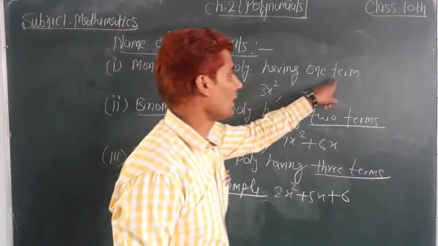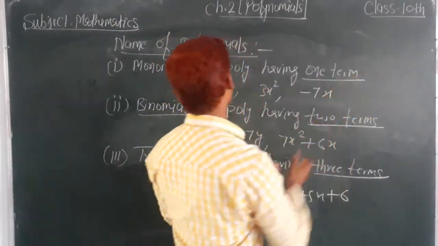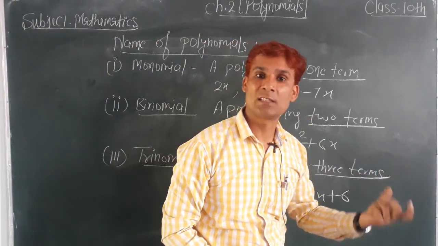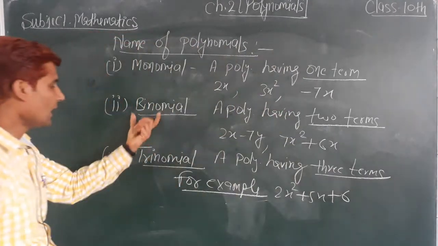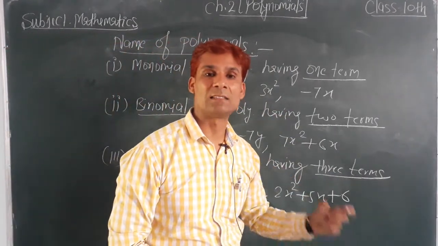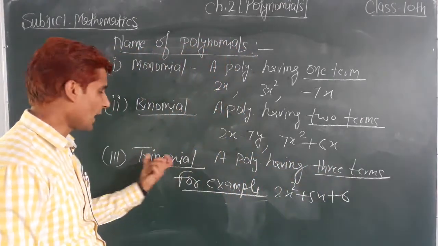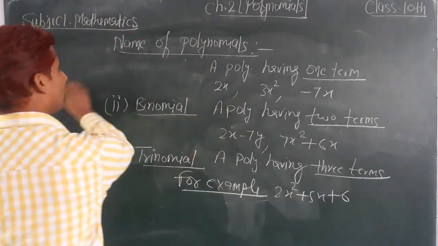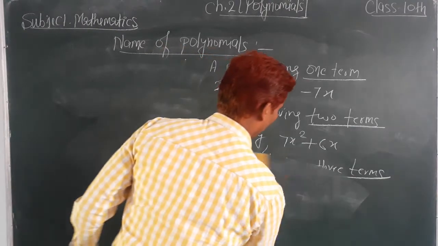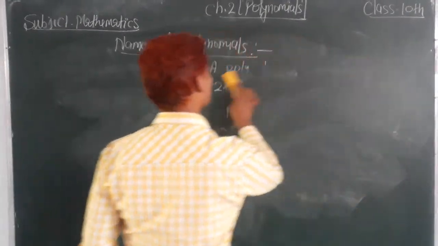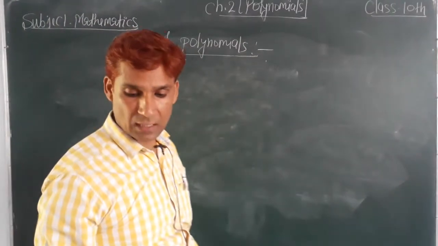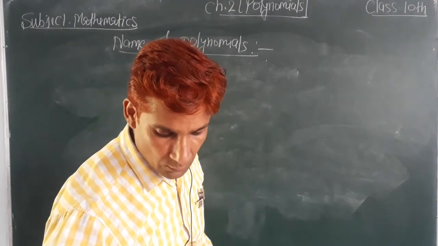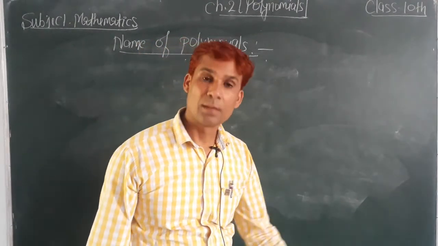Monomial, a polynomial having one term, ऐसा polynomial जिसमें एक ही term होगा वो आपका कहलाएगा monomial. बाइनोमियल, a polynomial having two terms, ऐसा पॉलिनोमियल जिसमें दो ही टर्म हो वो बाइनोमियल कहलाएगा. ट्राइनोमियल, a polynomial having three terms, ऐसा पॉलिनोमियल जिसके तीन टर्म होंगे वो ट्राइनोमियल कहलाएगा. माय डियर, ऐसा पॉलिनोमियल जिसमें तीन से ज्यादा टर्म हो जाएं, 4, 5, 6 हो जाएं, then such a type of polynomial having more than 3 terms is called a polynomial.